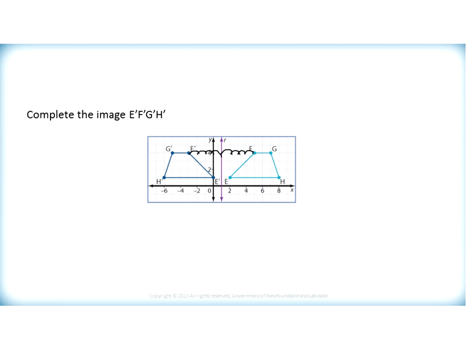We can see that it would be 1, 2, 3, 4, 5, 6 units to the right. So G prime, its image, is 1, 2, 3, 4, 5, 6 units to the left. And we can see we already checked point E and E prime. H and H prime will be the same distance away from our line of reflection as well.